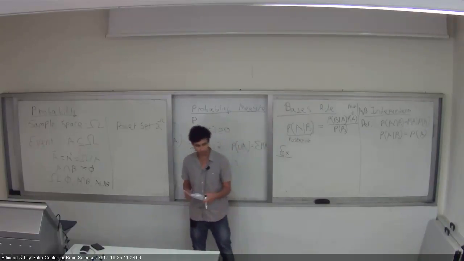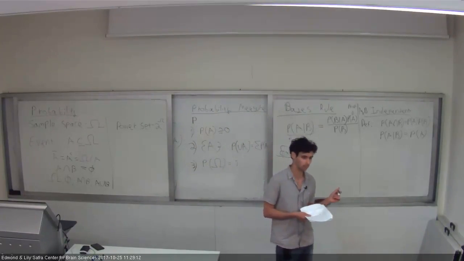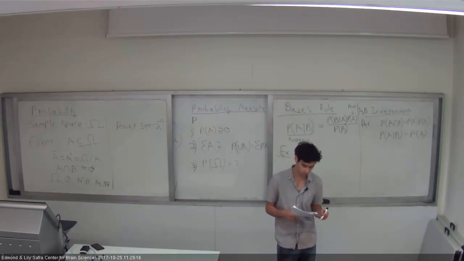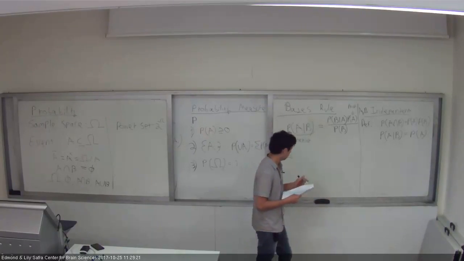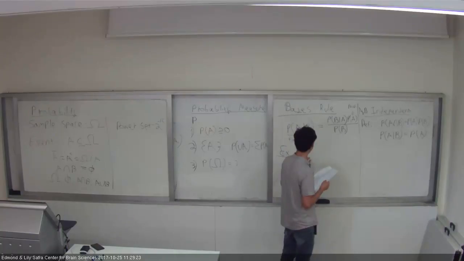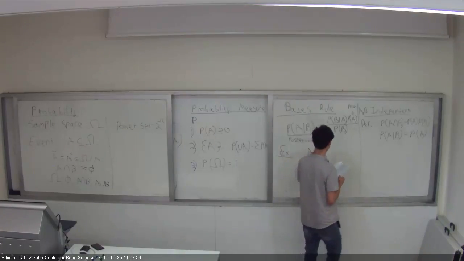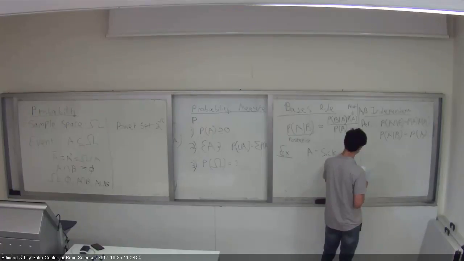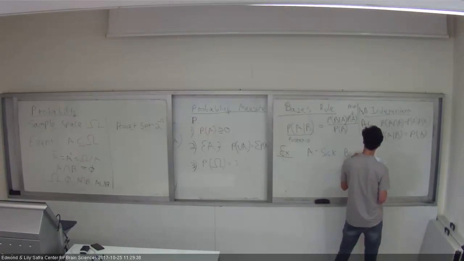The first thing that we need to do if we want to solve these kinds of questions is to write it more formally. Let A be the event that the patient is sick, and B the event that the test came out positive.